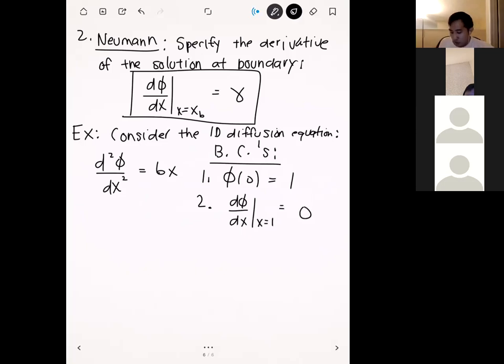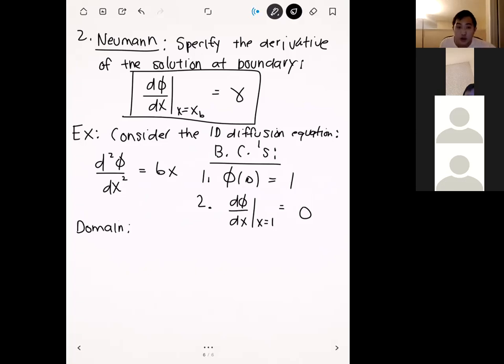Let's say that the derivative at x is equal to 1 is equal to 0. All right. And so the first thing we can do, before we classify these boundary conditions, let's go ahead and show our domain. You can see here that we have one boundary condition at x is equal to 0, and that's going to be the left-hand side of our domain.